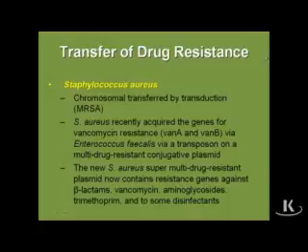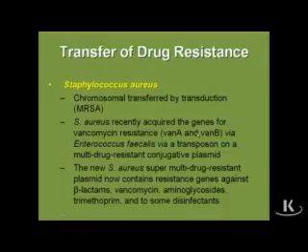But now we know that we have vancomycin resistant staph, intermediate vancomycin resistant staph, and the staph in this case, the superbug MRSA, acquired the vancomycin resistance from Enterococcus on a multiple drug-resistant plasmid that was donated by its good friend Enterococcus.